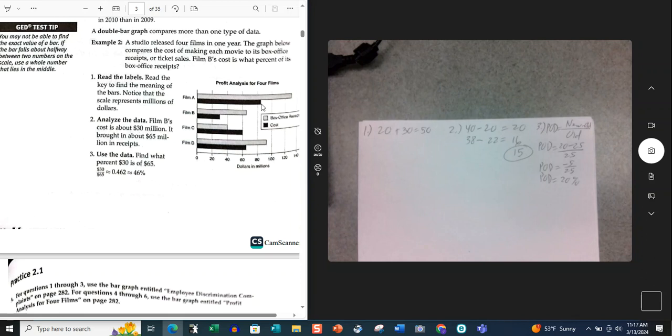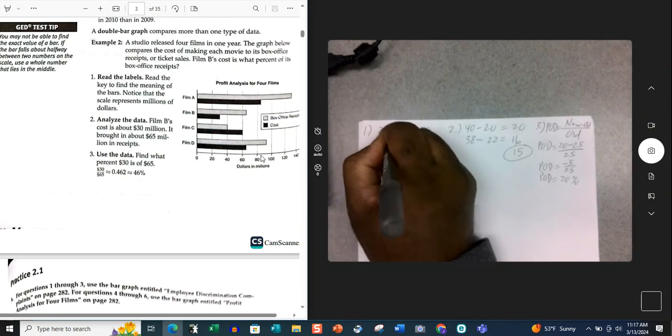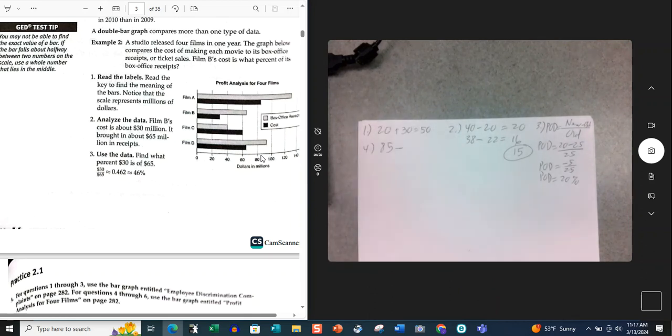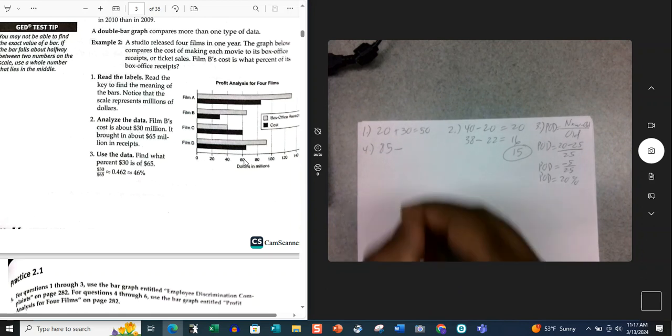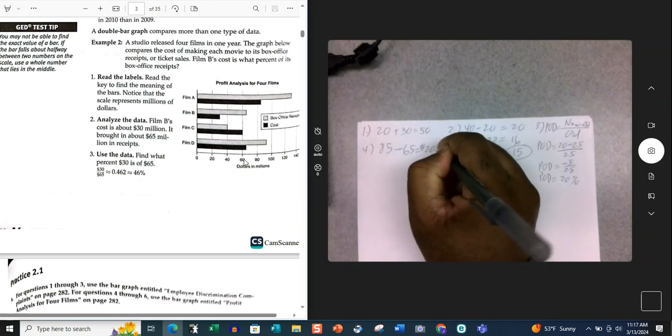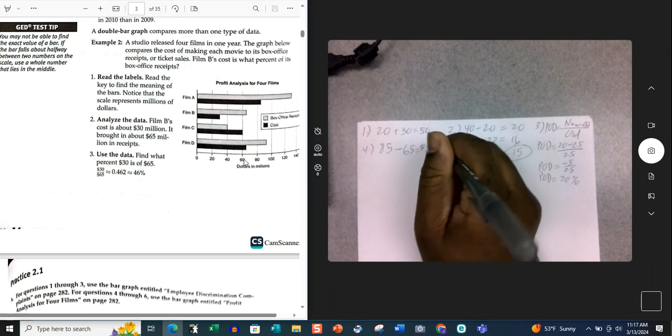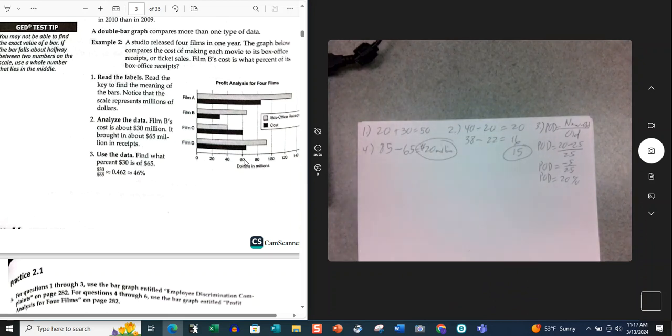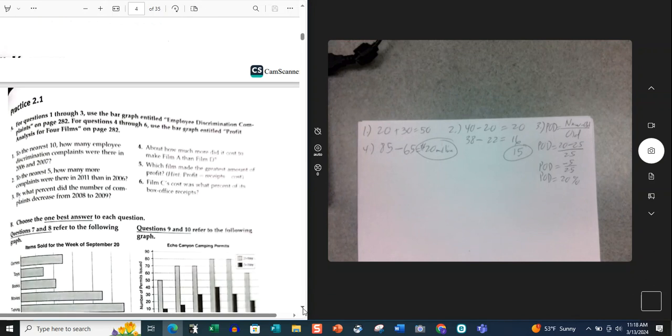Film A, if you look here, is about 85. Film D looks to be about 65. So it'll be about 20 million more. So that'll be number 4. It's about 20 million.